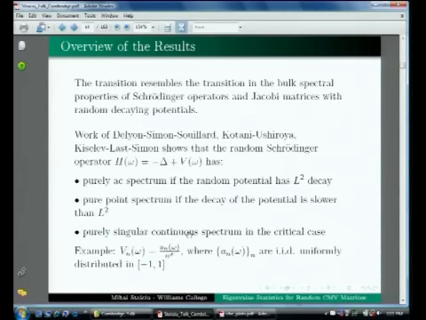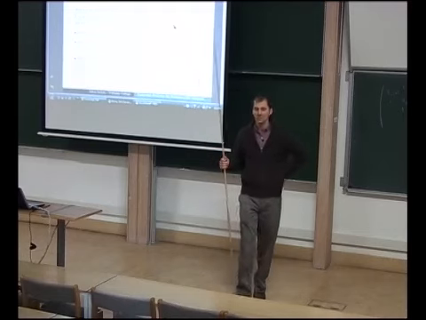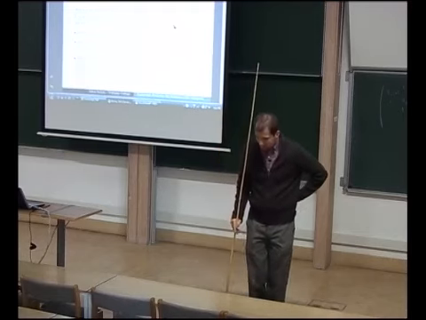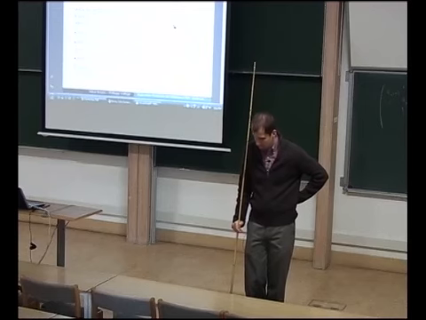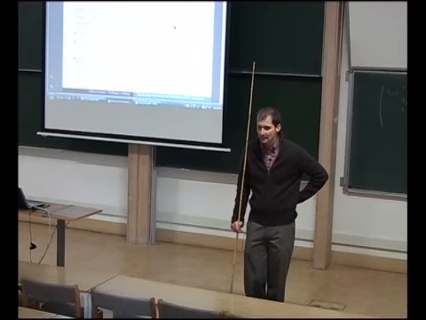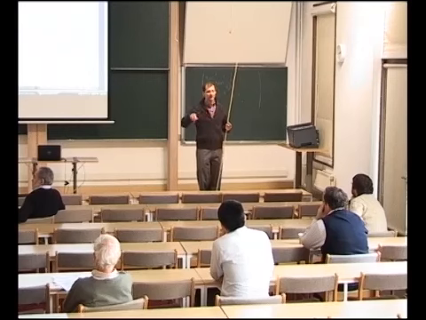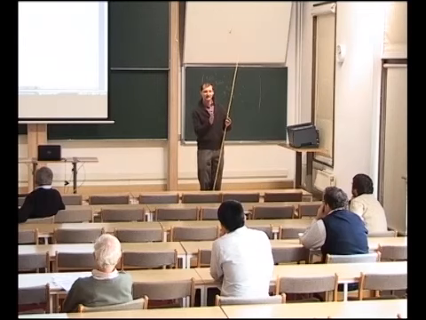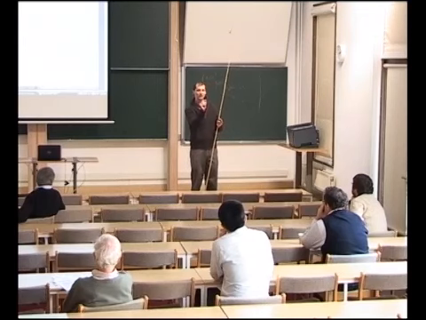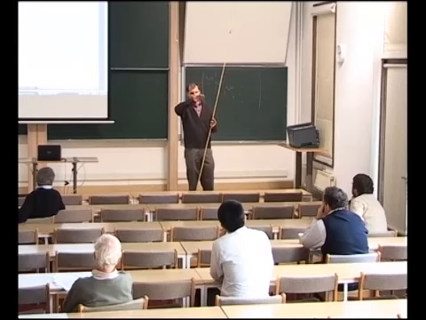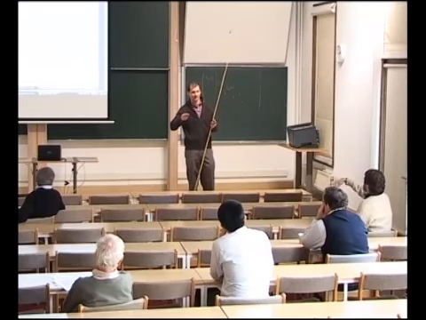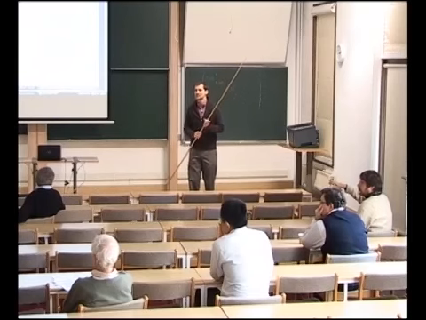And so what we do for this CMV matrix is we look at the finer structure of the spectrum. We look at the eigenvalue statistics. And what is known, if at all, about eigenfunction statistics? There is work by Kiselev and others.